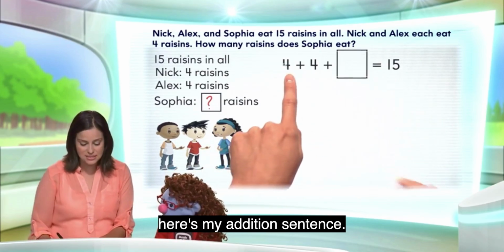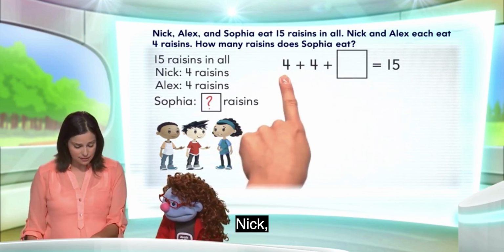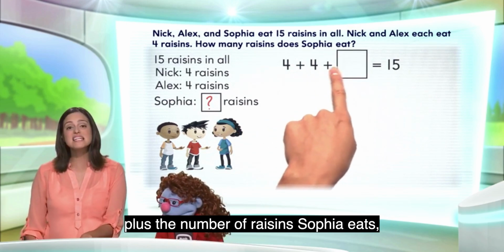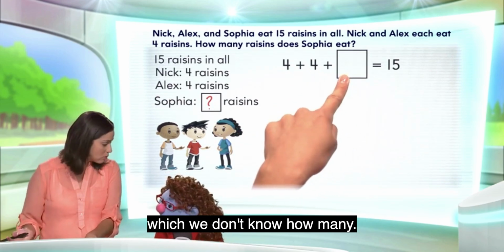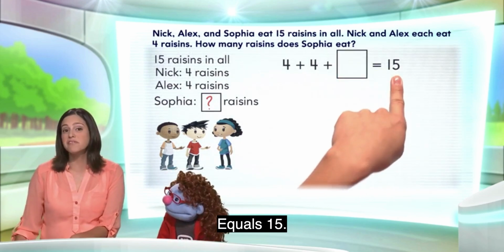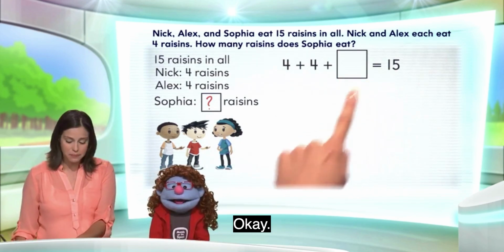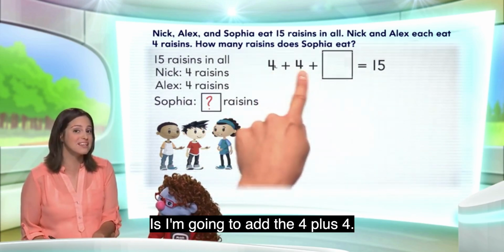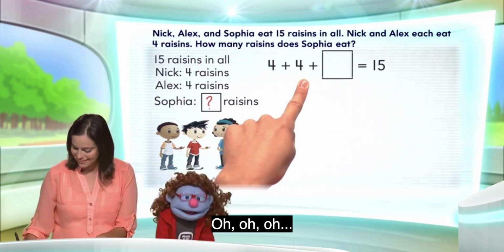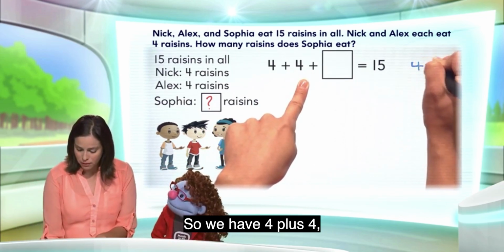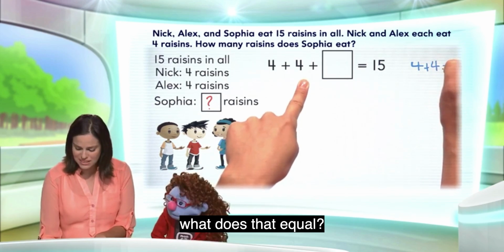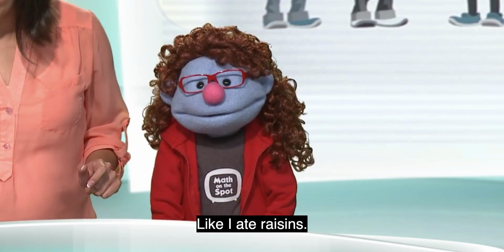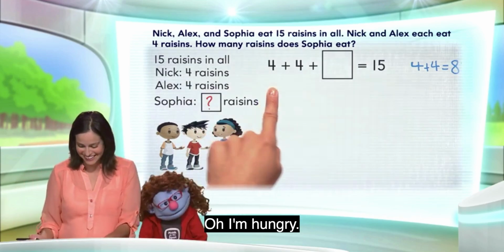Here's my addition sentence. The number of raisins Nick eats, plus the number of raisins Alex eats, plus the number of raisins Sophia eats, which we don't know yet, equals 15. Okay. So the first thing I want to do, Jeannie, is add the 4 plus 4. So we have 4 plus 4. What does that equal? That equals 8. Correct! Like I ate raisins. Oh, I'm hungry.